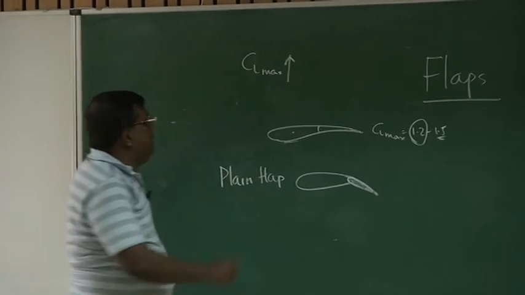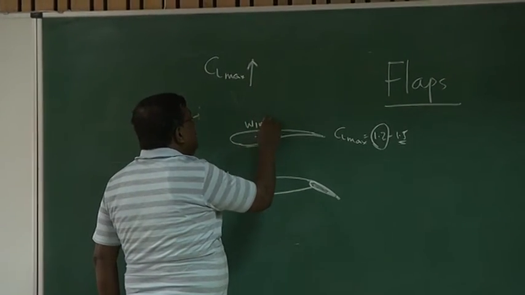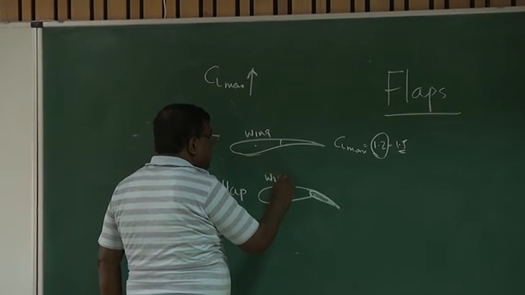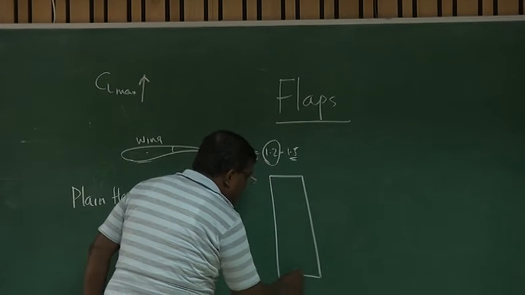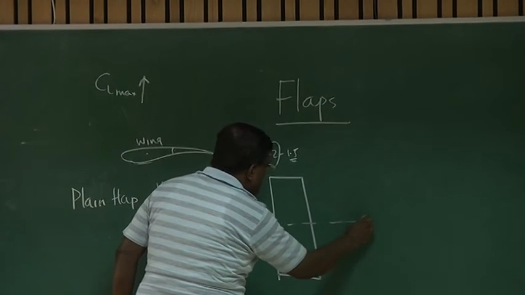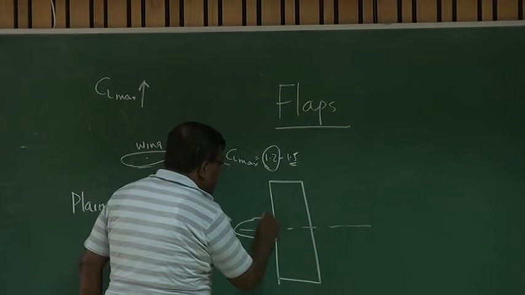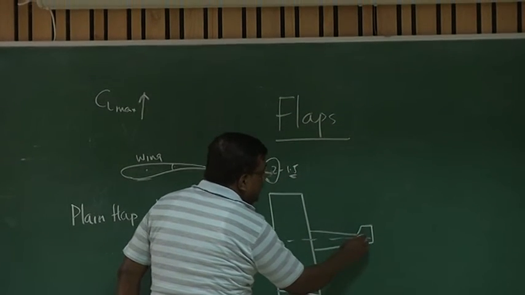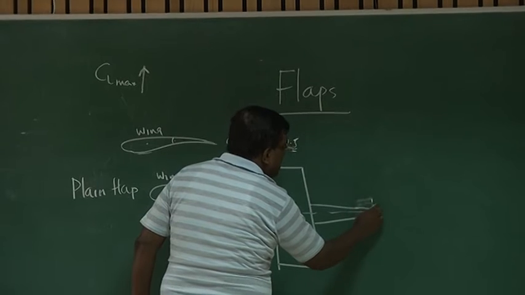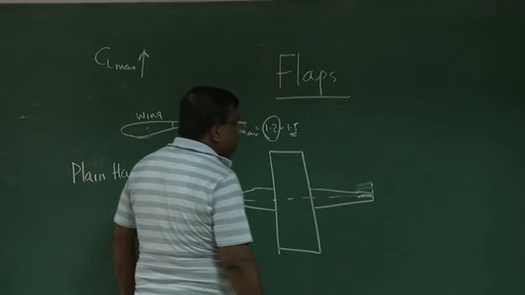Please understand, this is the wing. Okay? If I draw the top view, this is the wing, center line. Let's say this is the fuselage, this is the tail here. Oh, the tail here means it will not look like this. The tail here, okay?